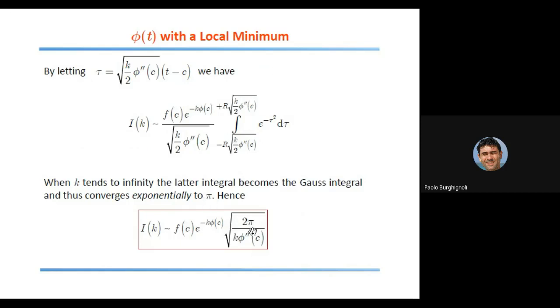That's a typo. And that's this pi here inside the square root, and everything else comes from the change of variables.